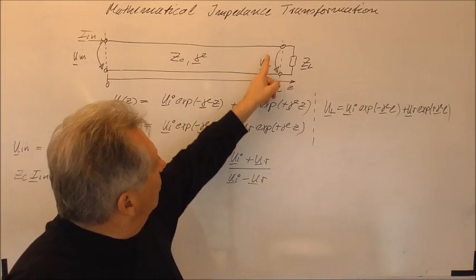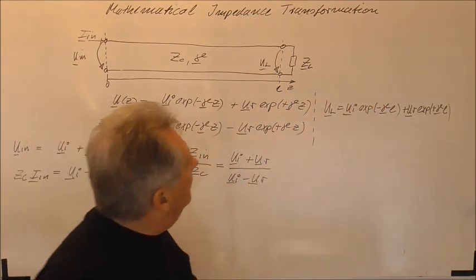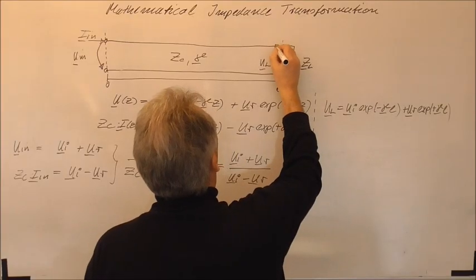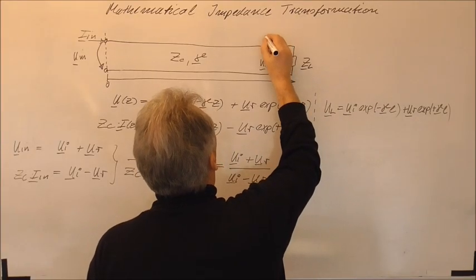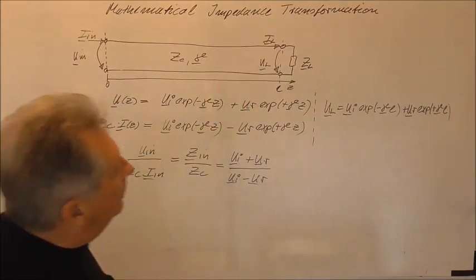So the voltage over the load is given now by this expression, and of course I can also set up the same equation for the current IL.